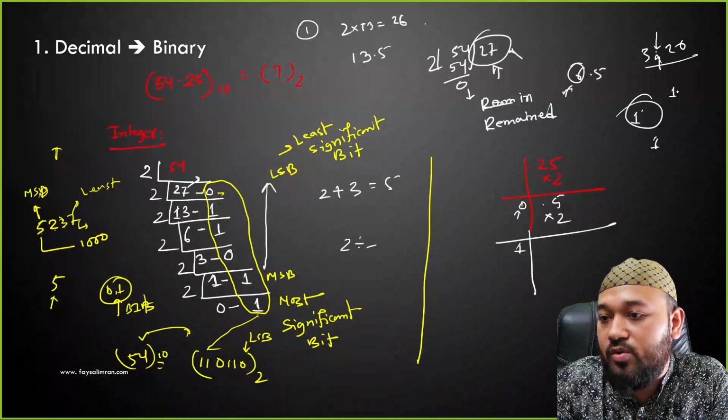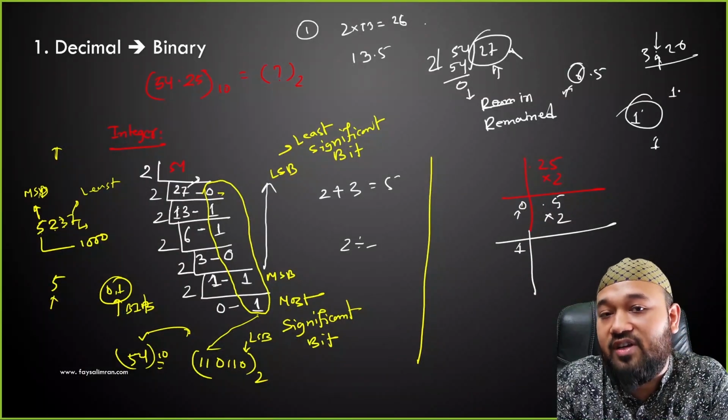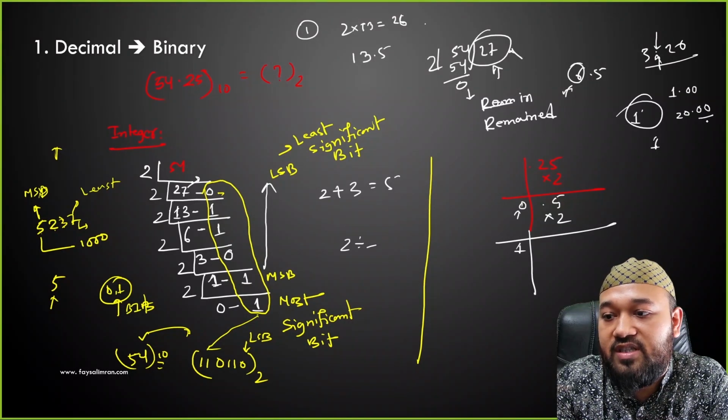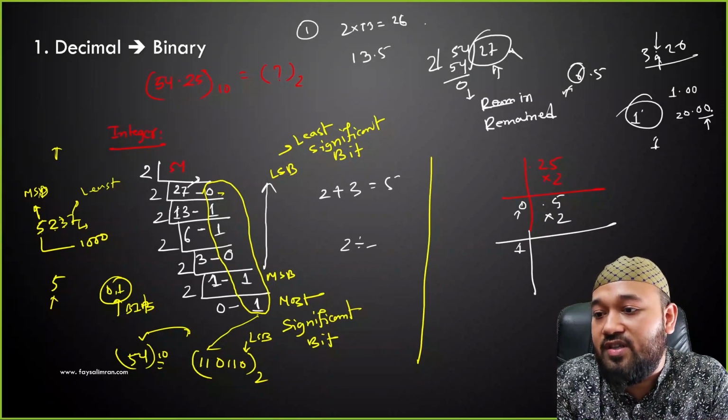And if a value does not contain a fractional value but still has a fractional part, this is invisible, like this is 1.00. Like if you recharge your mobile with 20 taka, you will get 20.00. That means this 0 is invisible because it doesn't have significance. That's why we do not write this value, but it will remain inside this number.